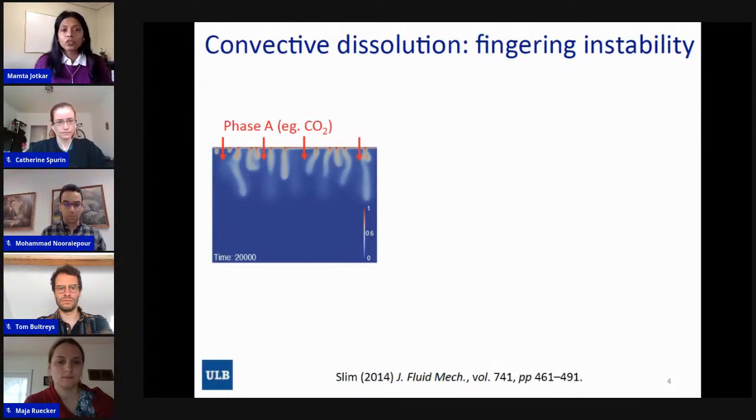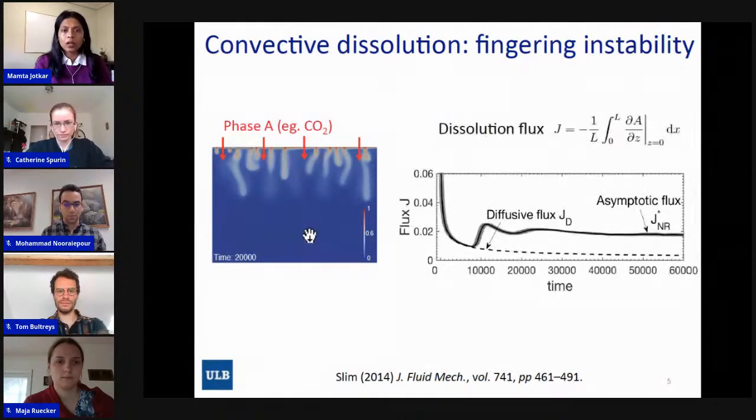This convective motion is favorable to the sequestration process since it improves the mixing between the phases and accelerates the dissolution of CO2 in the host phase. The dissolution flux is given as a gradient of A integrated over the length, and this is shown here. At initial times, flux follows a diffusive trend shown by this dashed curve.